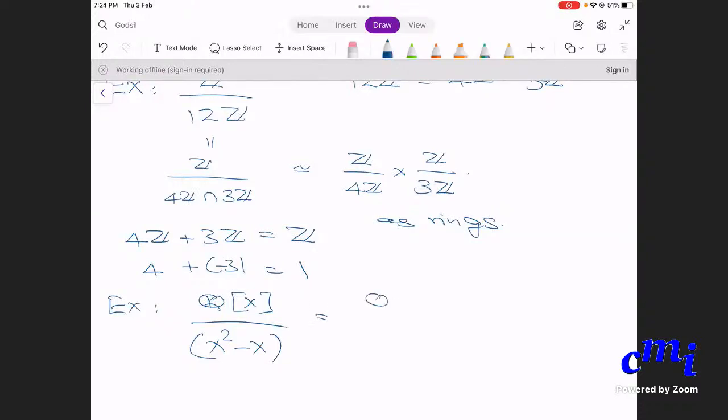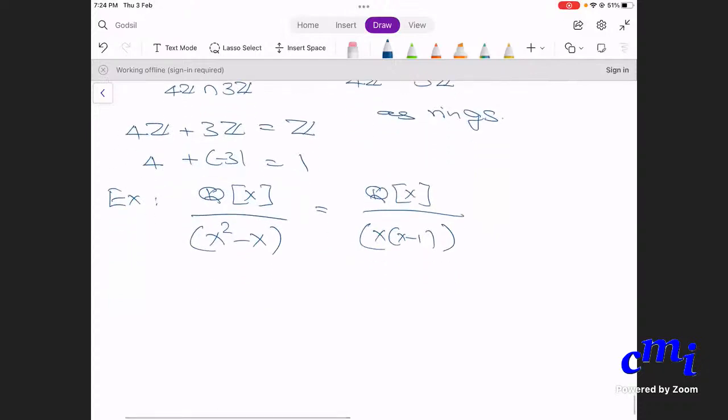This is the same as Q[x] mod the ideal generated by x times x minus 1. And here the ideals x and x minus 1 are clearly co-maximal.